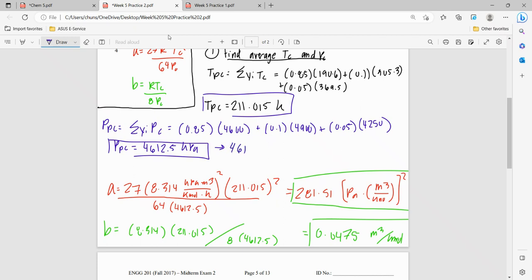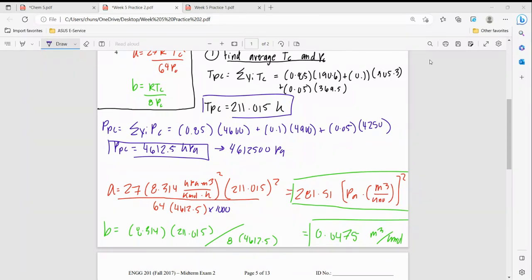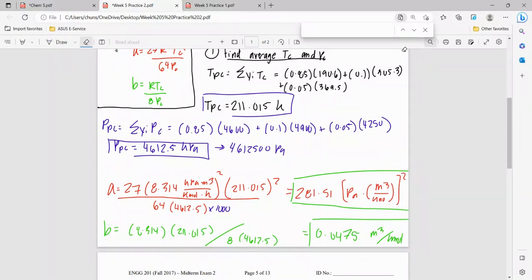This is 46125. And that's what we're going to put into here. Okay, you know what? Let's restart. Let's start clean.